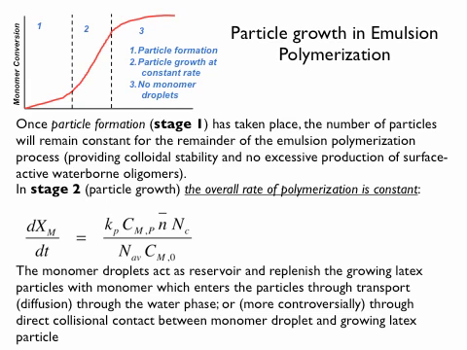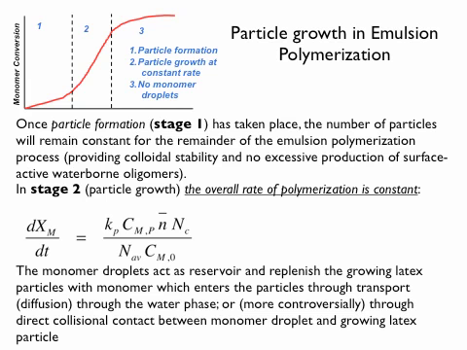Or for example, if monomer starts to hydrolyze, methyl methacrylate becomes methacrylic acid, you make ionic species in the water phase, and at later stages you can get a secondary crop of particles. But for simplicity, we're going to say that after particle nucleation, after stage 1, we have a fixed number of particles. So no extra particles are being made, and then we're going to look at what happens then.